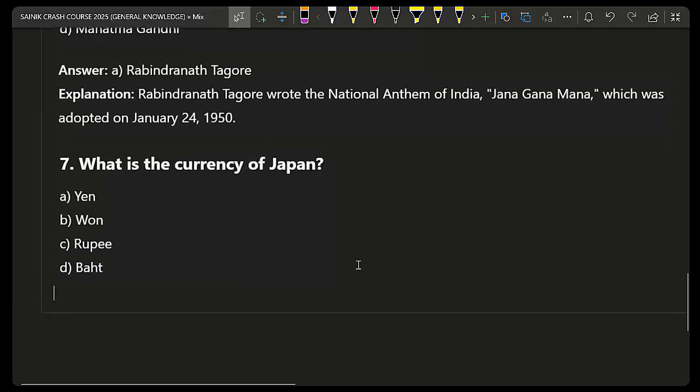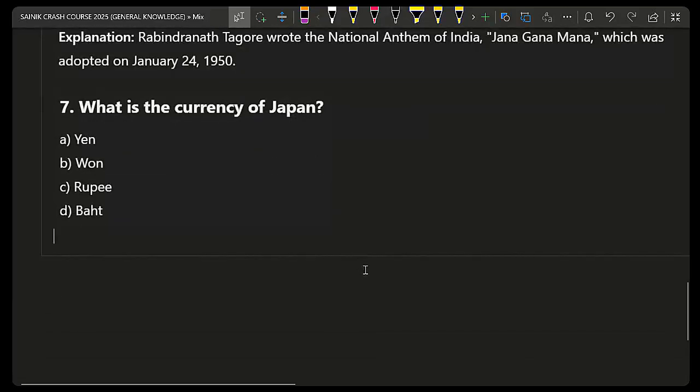What is the currency of the country Japan? All of you participate in the poll. Option A, yen. Option B, won. Option C, rupee. Option D, baht.